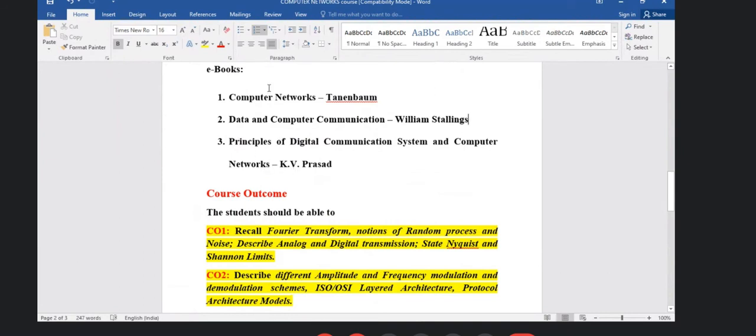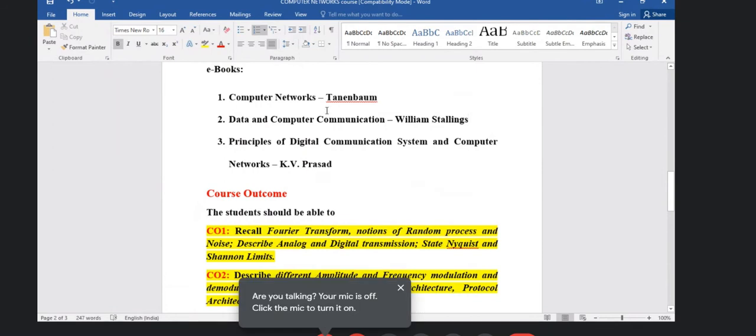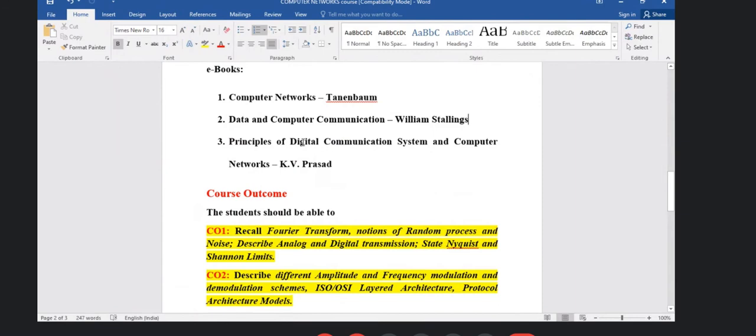So remember the names of the authors of these three books, or you may write them down so that you can download them from the net, because I am not going to send this file to you. If you want to write the names of the ebooks that you have to download from the net, you can write them down.